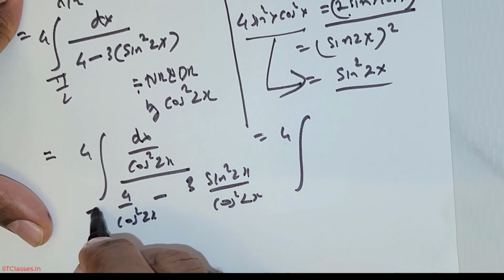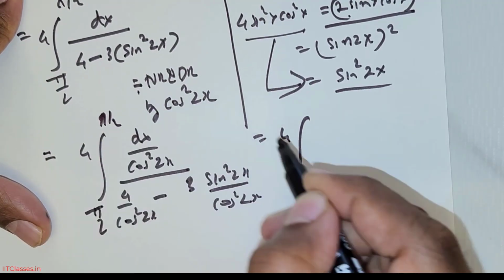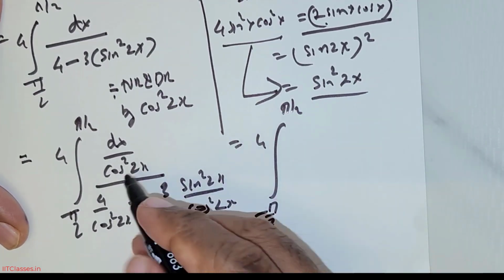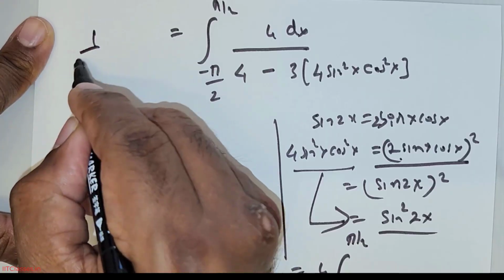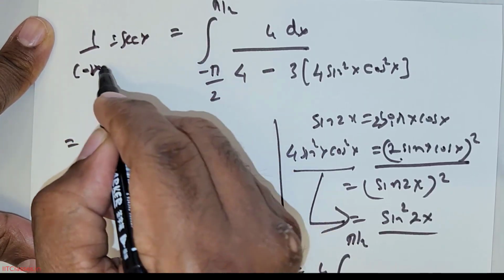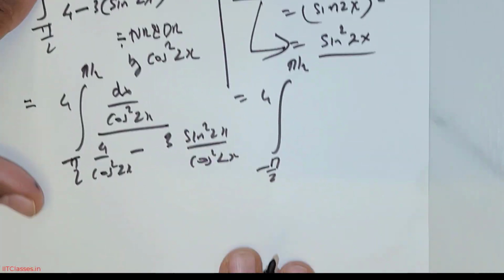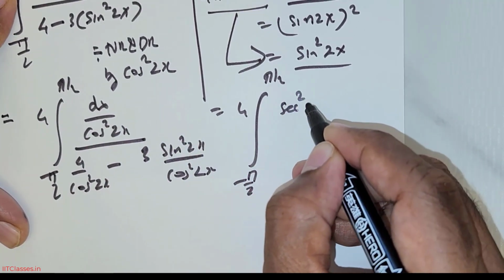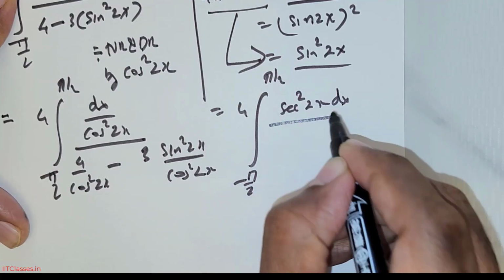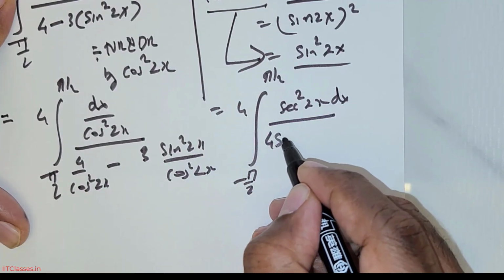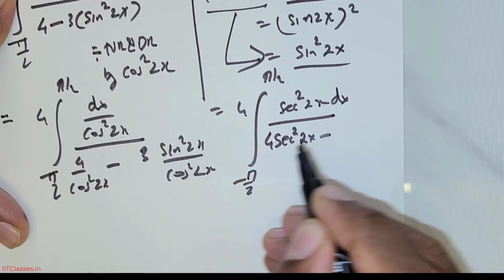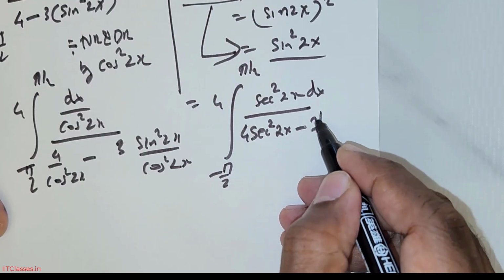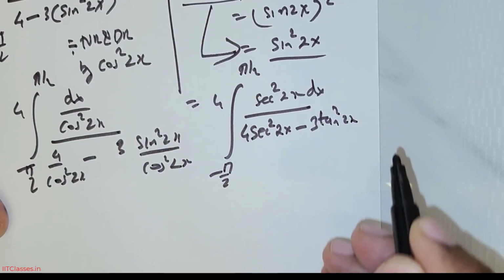Of course the limits are negative pi over 2 to pi over 2. Now 1 over cos x is secant x, right? So 1 over cos squared 2x is going to be secant squared 2x times the dx divided by 4 times secant squared 2x minus 3 times sine squared 2x over cos squared 2x, that's what? Tan squared 2x. Okay, fair enough.